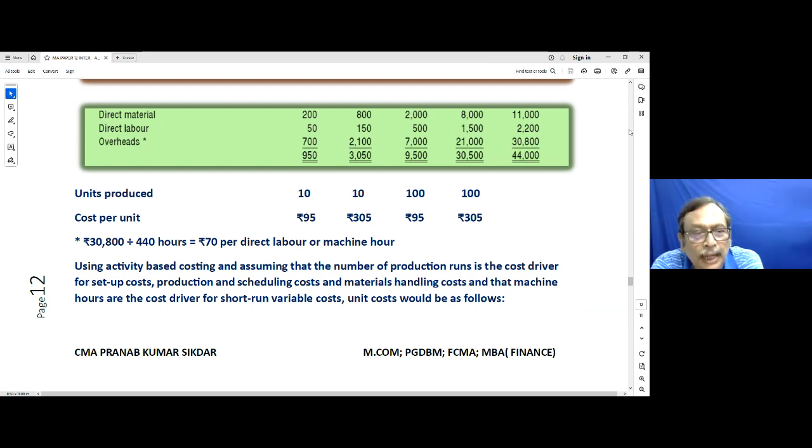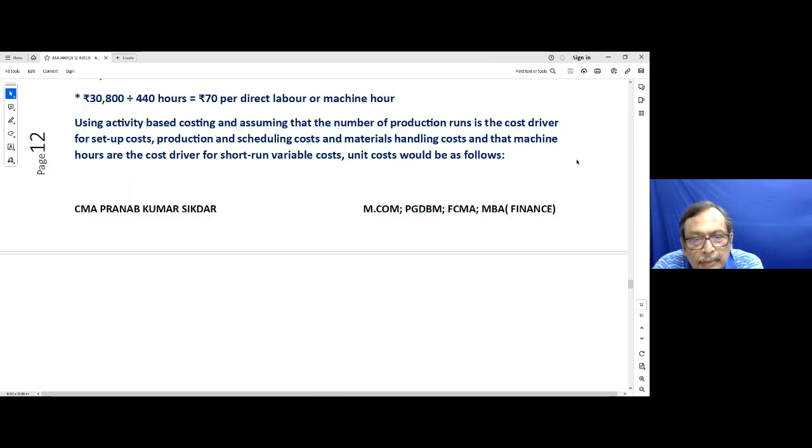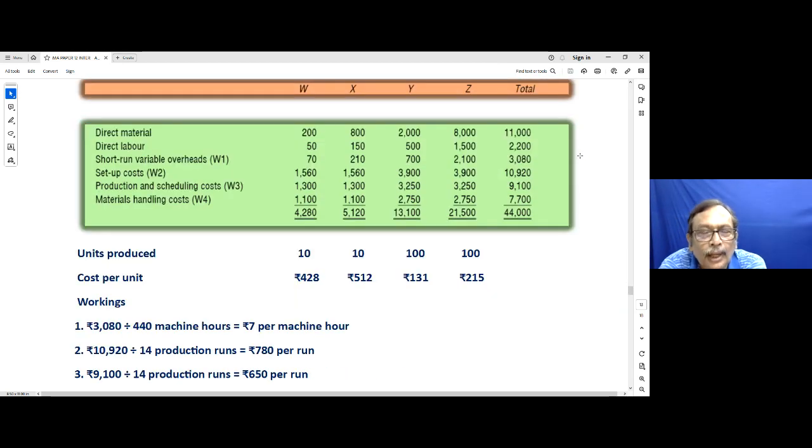So we are going to apply the perception of activity based costing, considering the premises that the number of production runs is the cost driver for setup, production and scheduling cost, and material handling cost, and that machine hours are the cost driver for short run variable cost. Then under activity based costing, we are going to have the cost as follows.